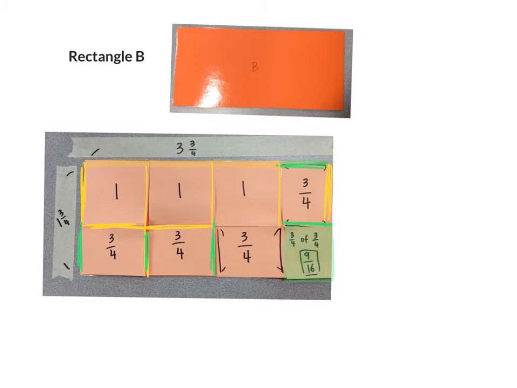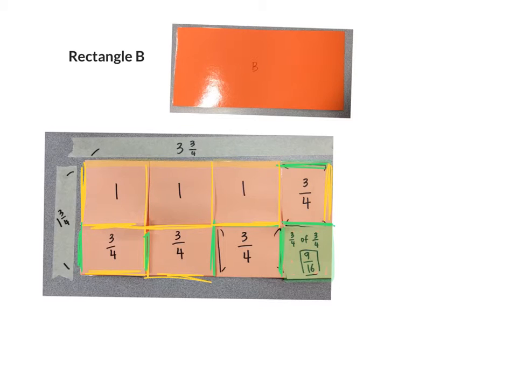Good. How far is it from here to here? Good. Here? Here? Good job. Trying to trick you. It didn't work. How far is it from here to here? Do you see how based on our tiling we can see all these different dimensions?